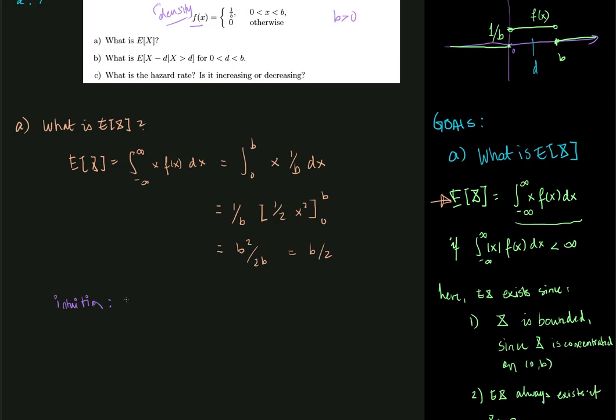And we can say, well, it's not a surprising result, since x can obtain any value between 0 and b completely randomly, so with equal probability.